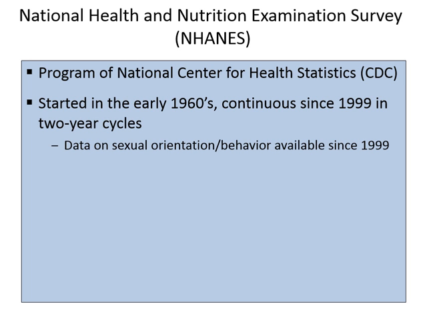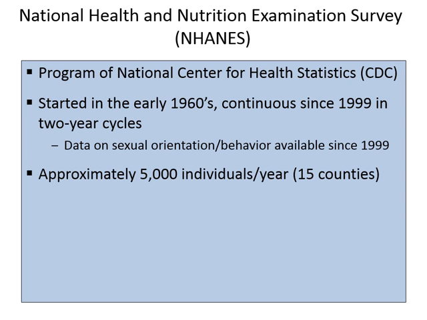Data on sexual orientation and sexual behaviors have been available since this switch to a continuous program. NHANES asks 2 different questions that allow us to identify lesbian and gay and bisexual populations. The survey is approximately 5,000 people per year, and so a given data set from NHANES will have about 10,000 individuals in it.